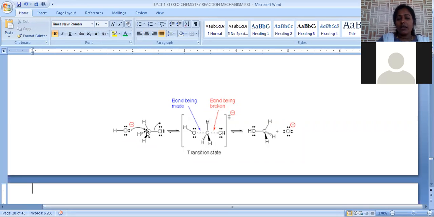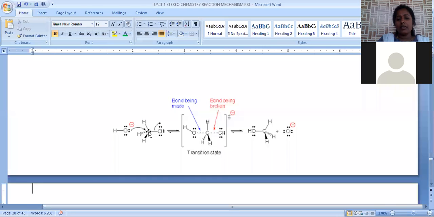When we take this alkyl halide, the chloro group is the nucleophile which is already present in the molecule. Our new nucleophile is OH minus. This OH minus cannot come from the front side because OH and chloro both have repulsions. That's the reason why the hydroxy group is coming from the back end of the carbon atom.